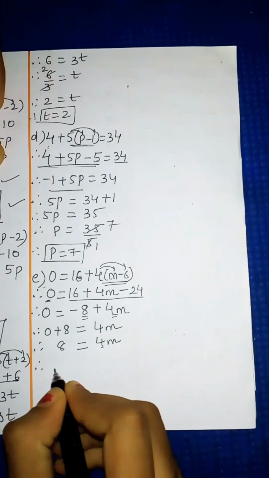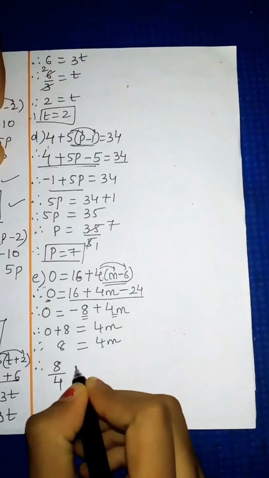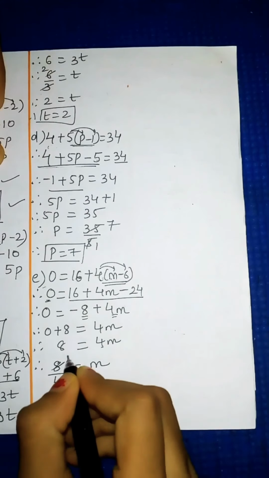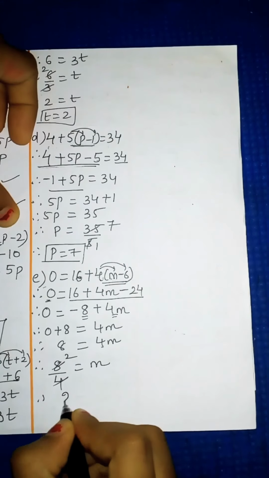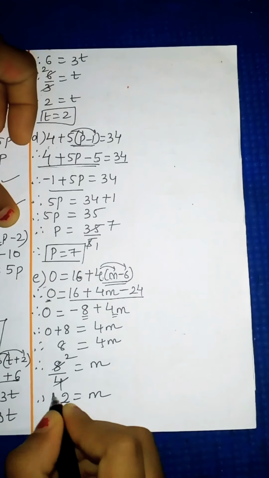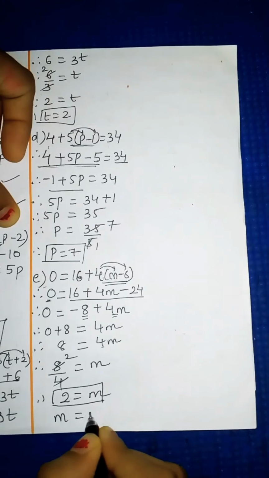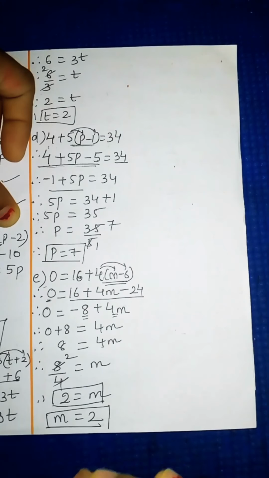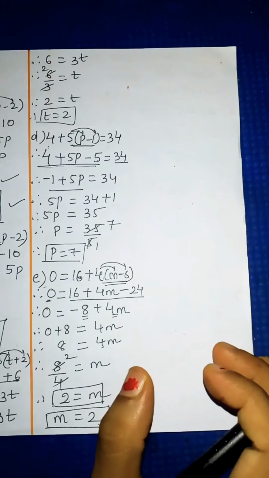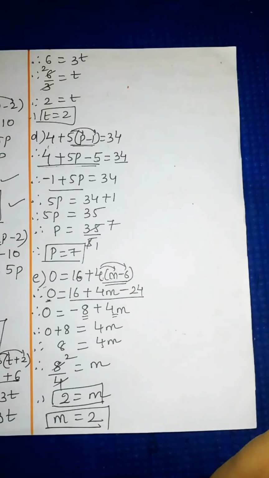So this 4 we will take here in the denominator, and this side only m is left. So 4 ones are 4 and 4 twos are 8. So 2 equal to m. So what is the value of m? 2. So 2 equal to m or m equal to 2, both are the same. So this was question number 3 of exercise 4.3.